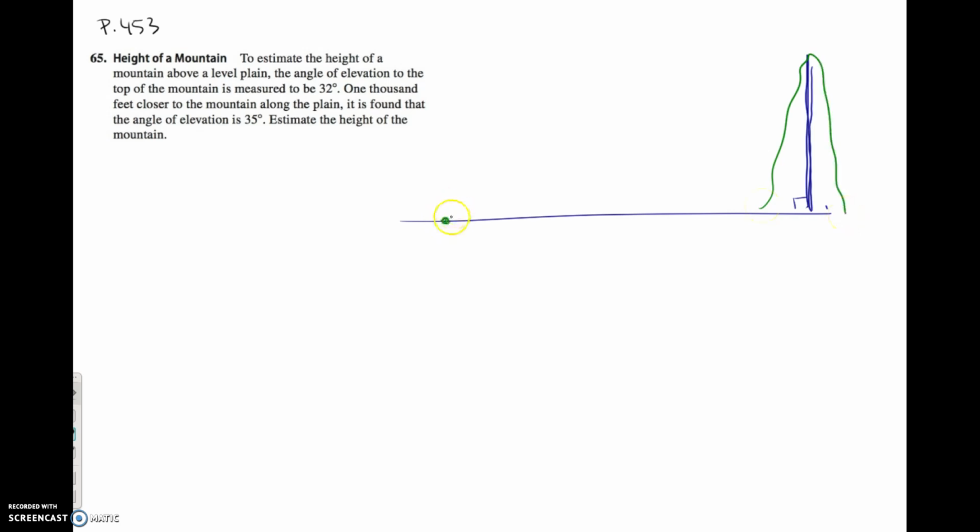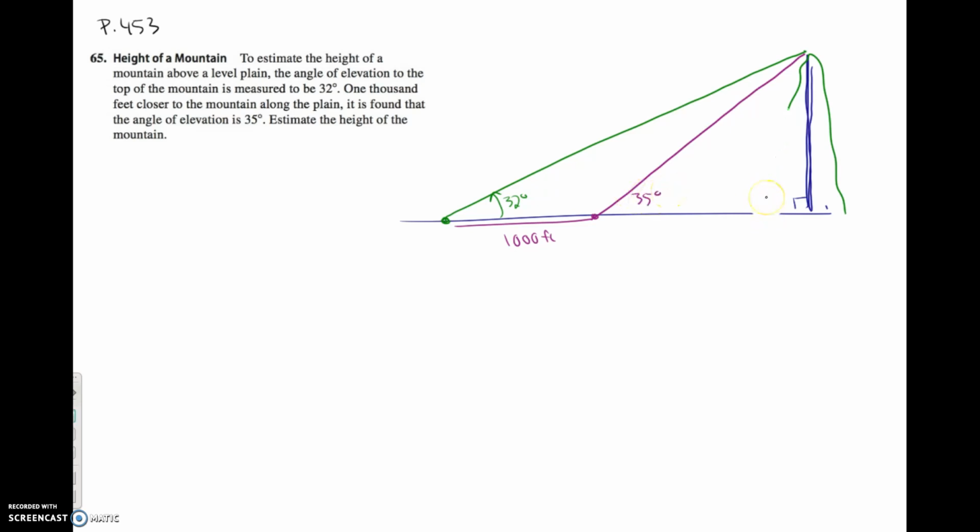When we're at this point, the angle of elevation, now remember, angle of elevation is always measured from the horizon, so it's this angle right here. That would be 32 degrees. And then as we drive another 1,000 feet closer, the new angle of elevation is 35 degrees. That makes sense, that as you get closer, you have to look steeper up in order to see the mountain, right?